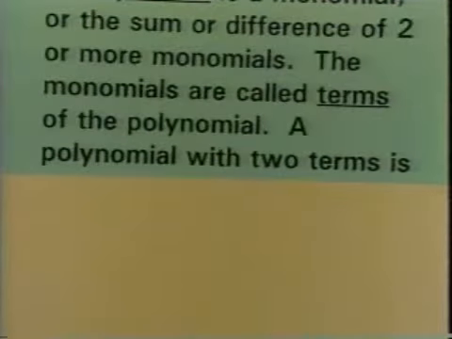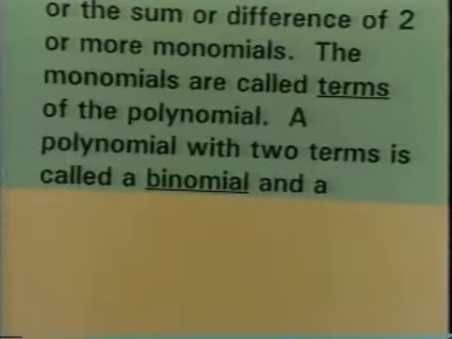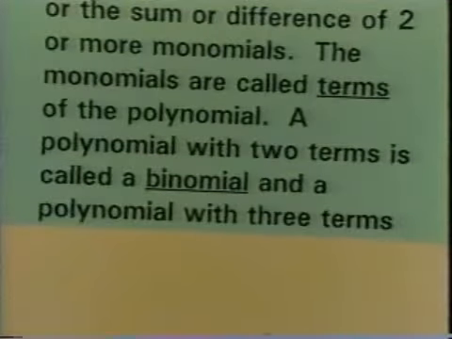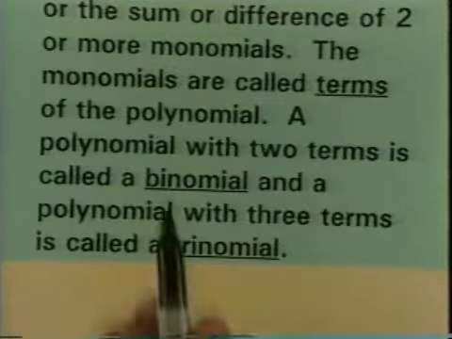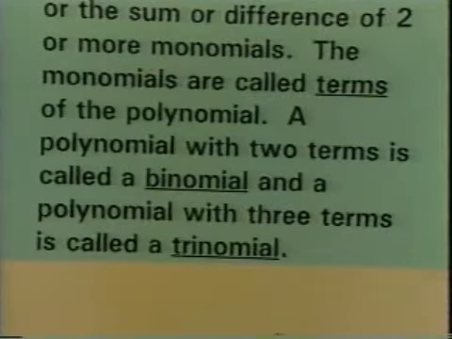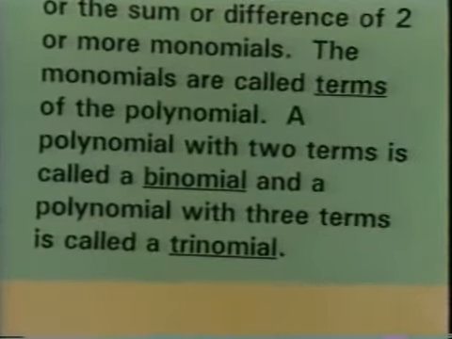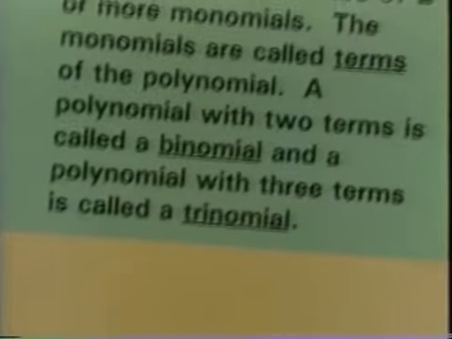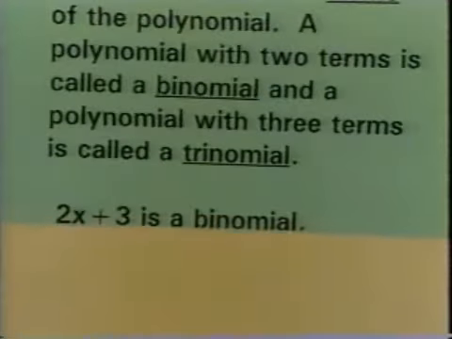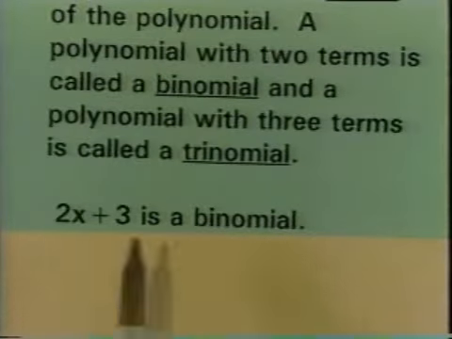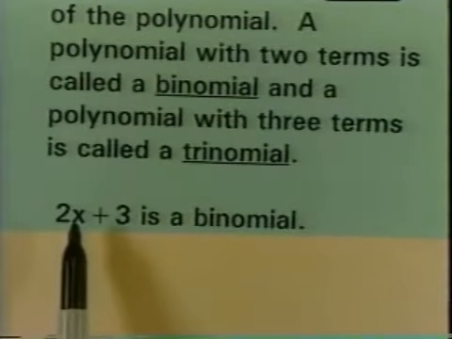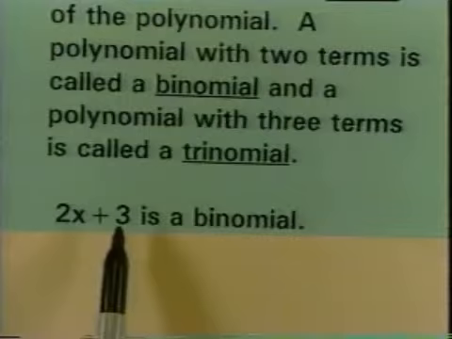A polynomial with 2 terms is called a binomial, and a polynomial with 3 terms is called a trinomial. Bi meaning 2, tri meaning 3. Look at some examples. 2x plus 3 is a binomial. 2x is a monomial. 3 is a monomial.